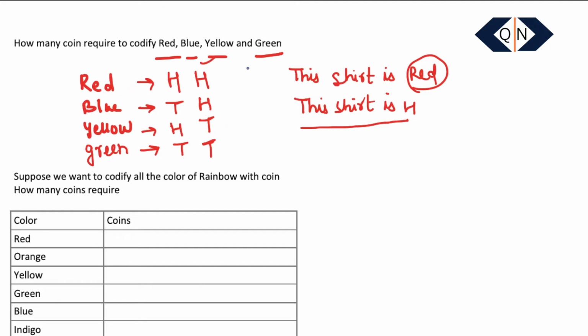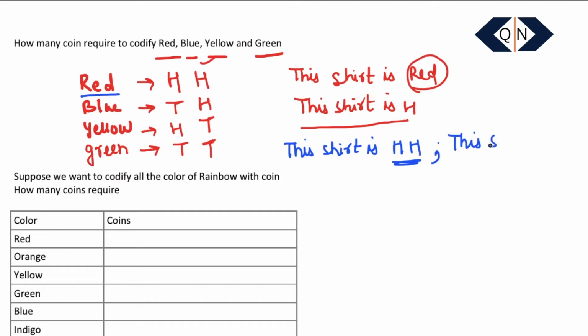Now I will write this shirt is H. Can you understand from here what this H represents? This is representing red color. What if I want to write this shirt is blue?